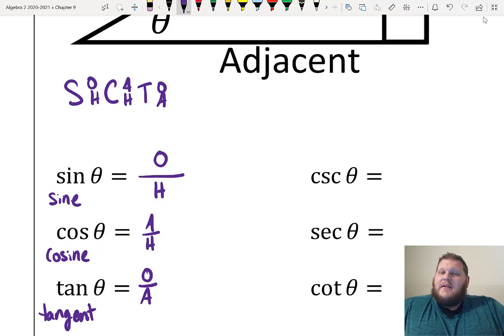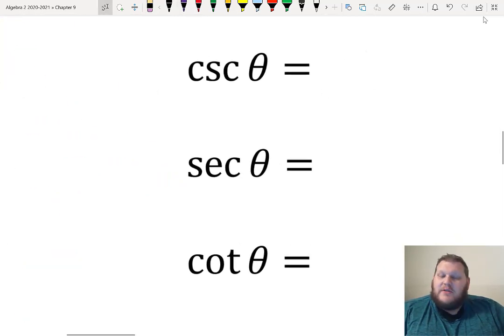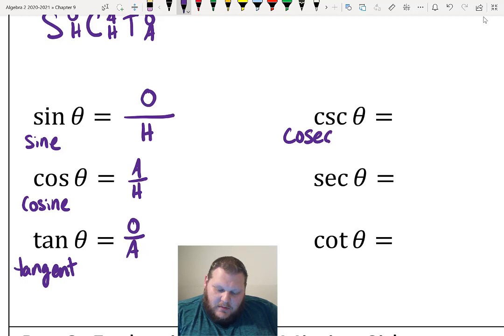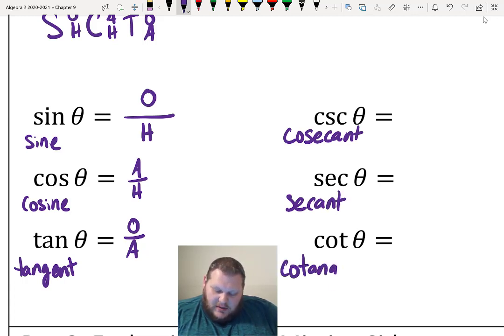My other ones are called the inverse functions because they're reciprocals of the other connected functions. CSC is cosecant, SEC is secant, and COT is cotangent.